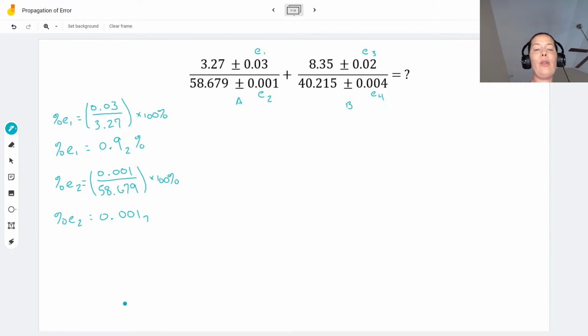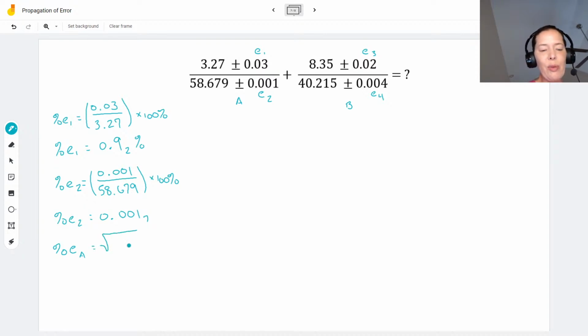So now what I can do is divide my 3.27 by 58.679, get that number and then propagate my error. If I'm going to propagate this again, I've got my percent relative uncertainty. So we're going to call this percent error for term A. Again, I'm just trying to keep track of where everything is.